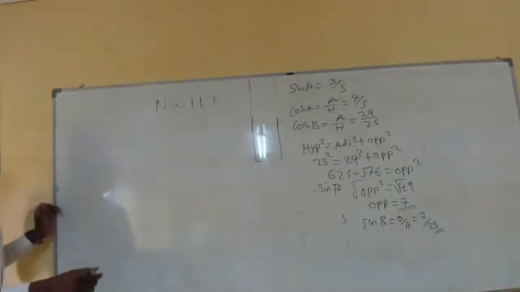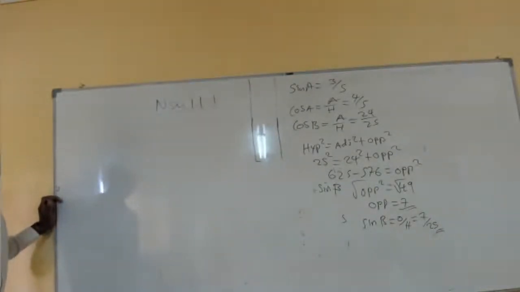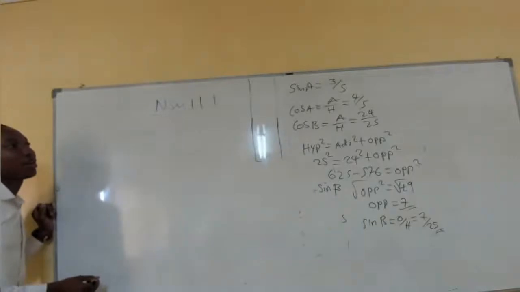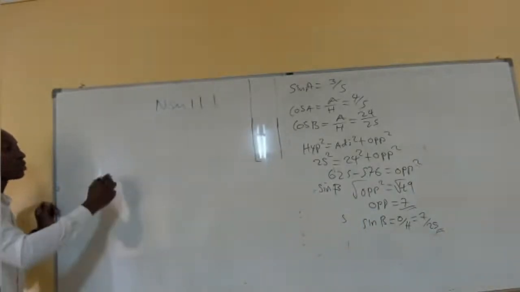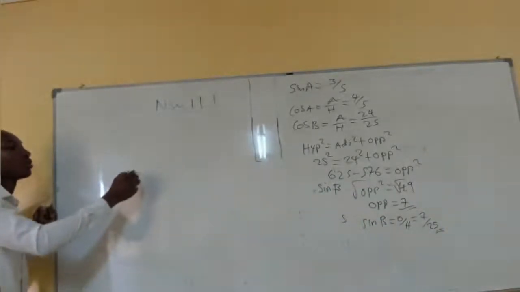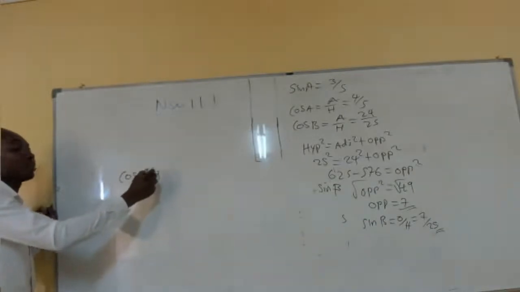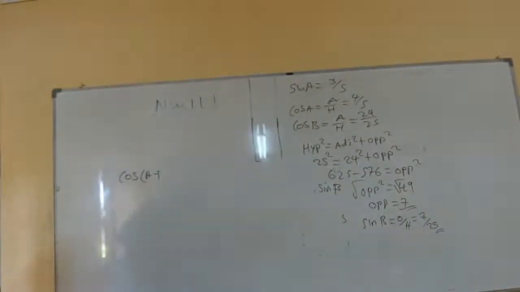All right, so we have sine A, cos B, sine B. So we're saying cos of A minus B. No, actually, we're not looking for cos.